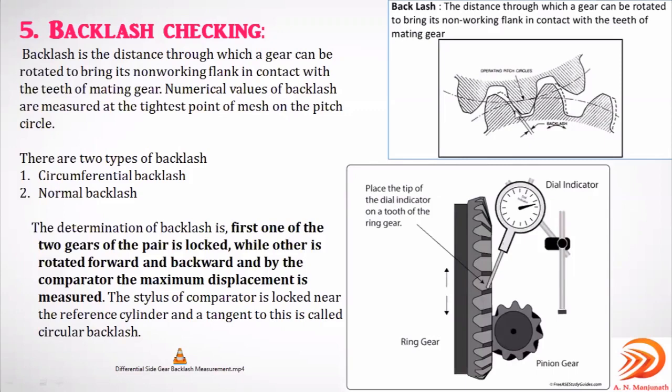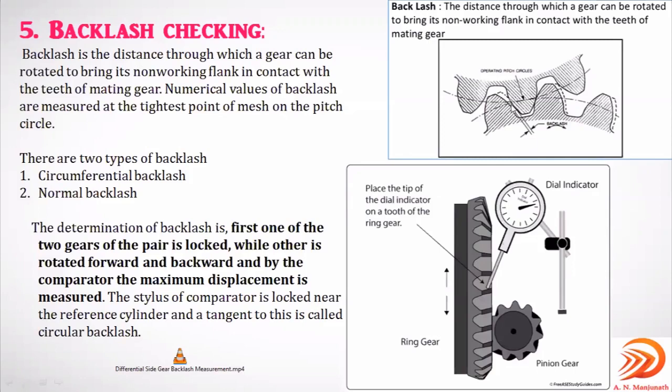Backlash is represented here. I think you already know this; you studied it in the kinematics of machines also. Backlash is the distance through which the gear can be rotated to bring its non-working flank in contact with the teeth of the meshing gear.